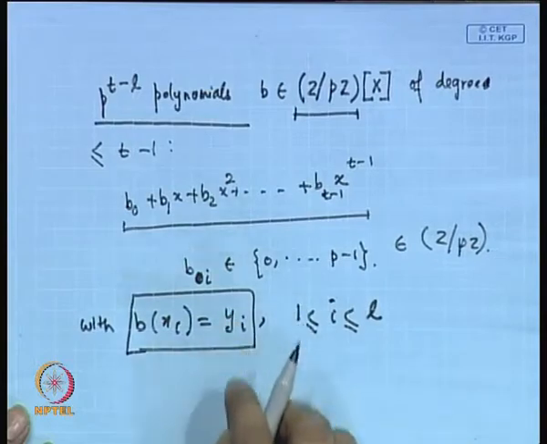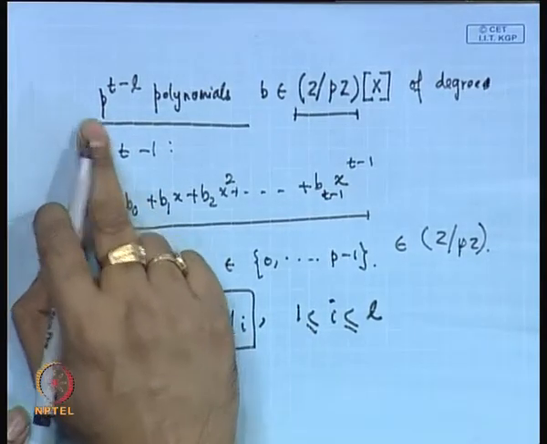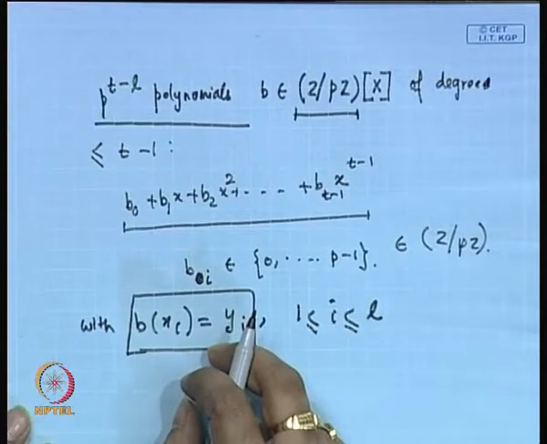And how many such polynomials can we construct? There are exactly p to the power of t minus L such polynomials which you can construct.